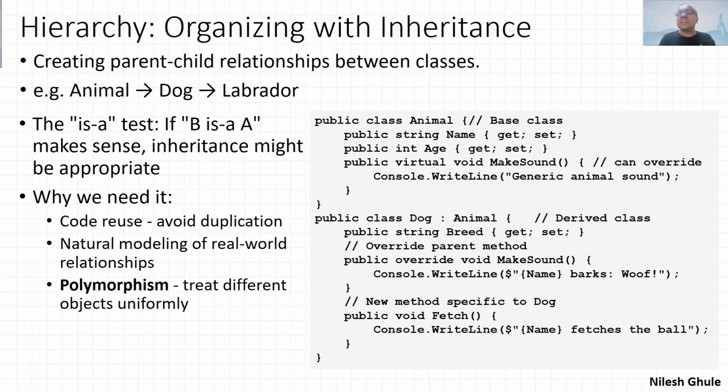Inheritance is typically a parent-child relationship between classes. Consider a simple example, like a dog is an animal, or a mango is a fruit, or a fruit is a food. You can have a single level or multiple levels of inheritance.